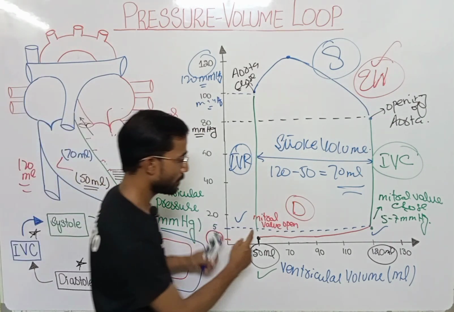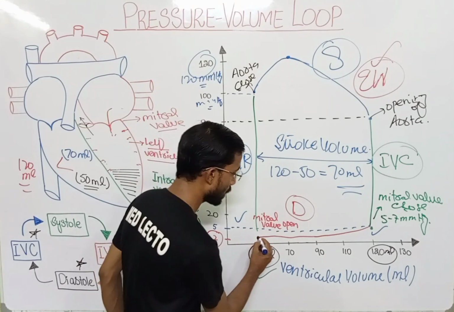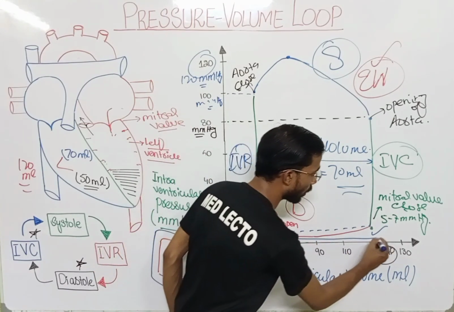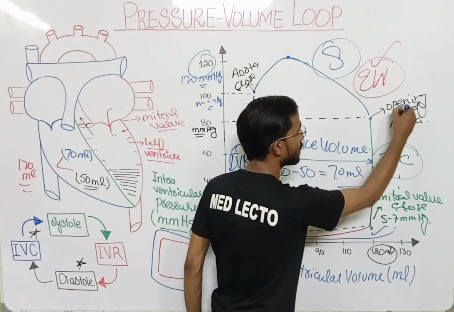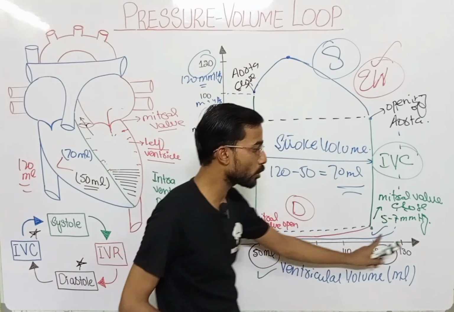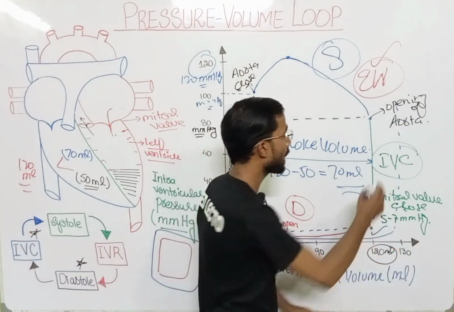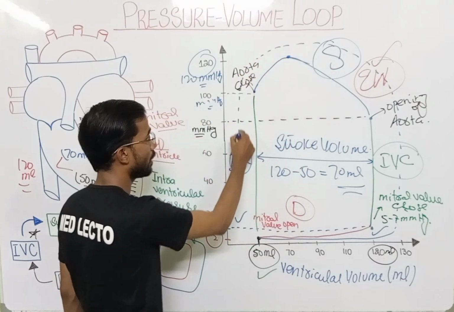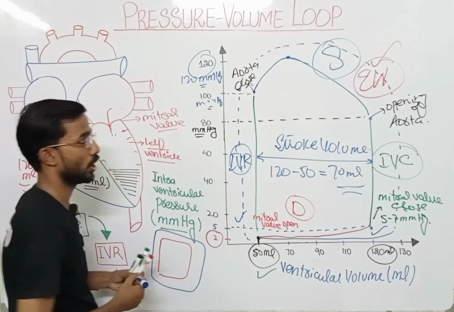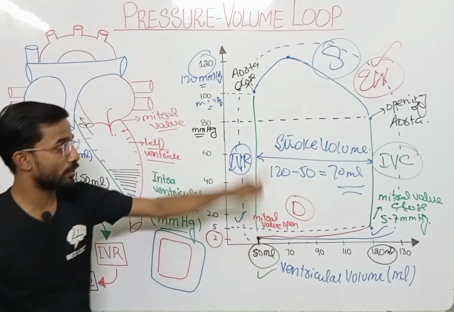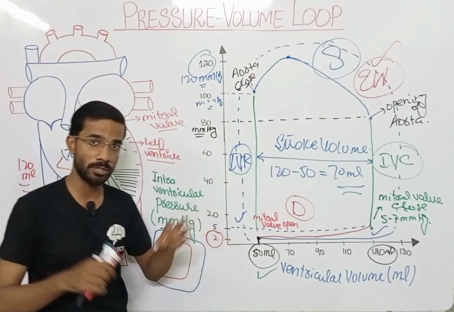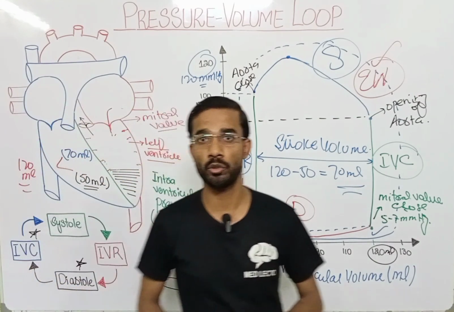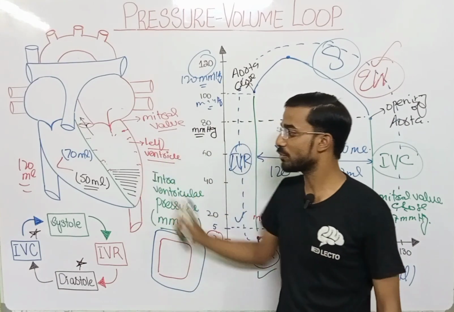Because a large amount of blood enters, a large amount of pressure is exerted, and then it is released from the left ventricle. So the size of the loop increases when a large amount of blood enters and a large amount of blood is released from the left ventricle.